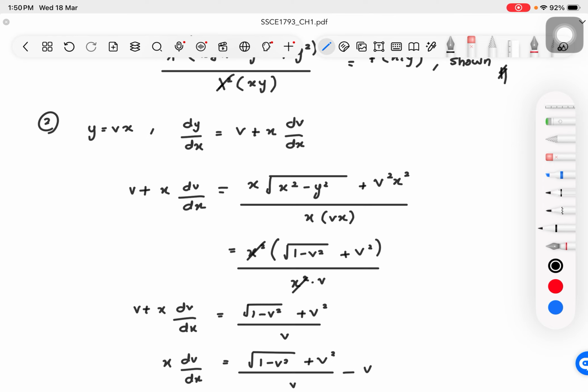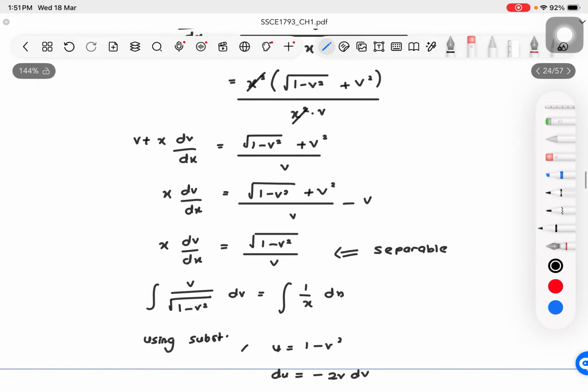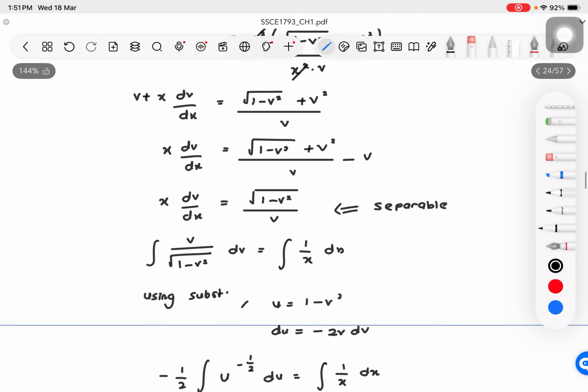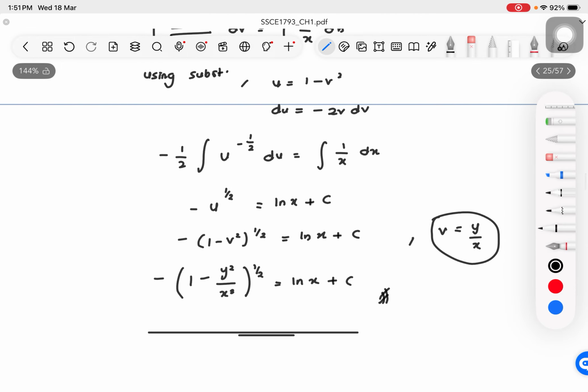After you perform the substitution, you make it into a separable equation. Then you integrate both sides and you get the answer. If the question provides you with the initial condition, you need to find the value of c. If they don't provide it, your final answer will have a c term inside.